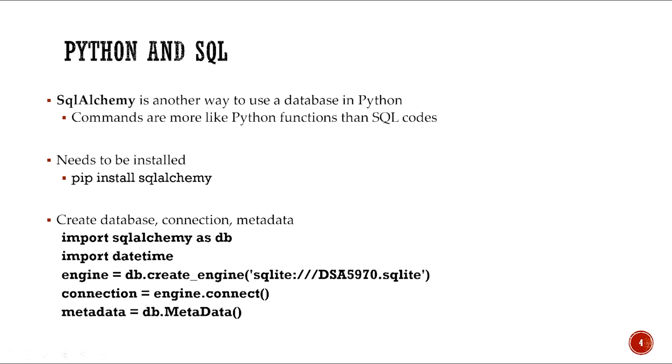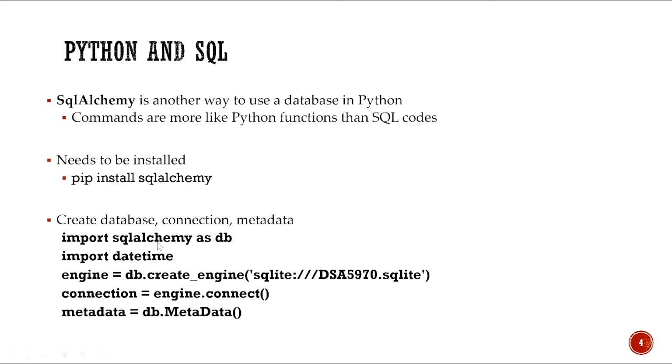The first step to connect to the database is to create an engine. So first we import the SQLAlchemy library and the datetime library, and then we define the engine object.